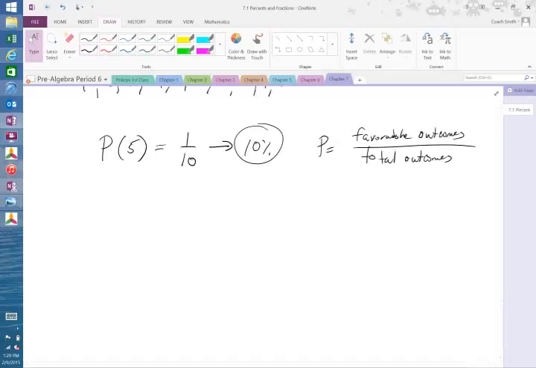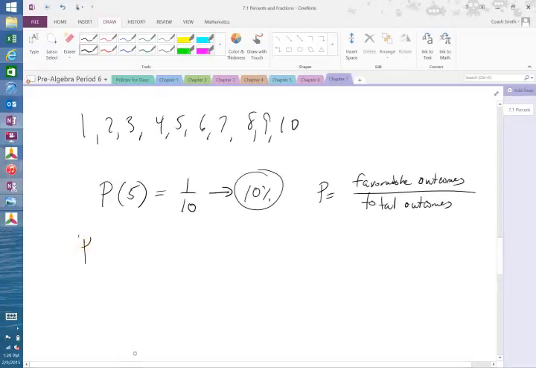Okay. So if we look at number 33, it says, what is the probability that he's going to spit out a prime number? Well, first of all, how many prime numbers are in 1 through 10? 4 over 10.